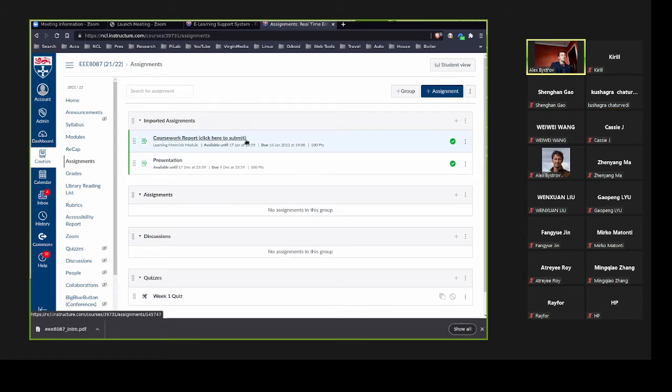I think it's 60% of the overall mark. It will have to be submitted online through Canvas, and the deadline for this will be after the holidays. It will be 10th of January. It's the first exam week.